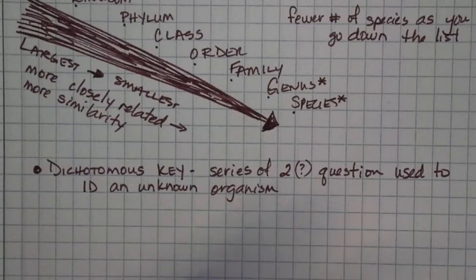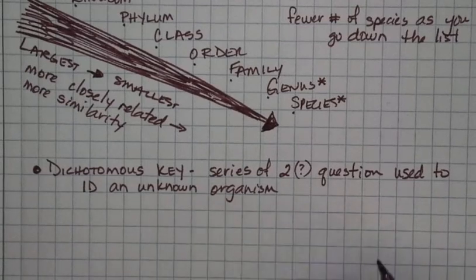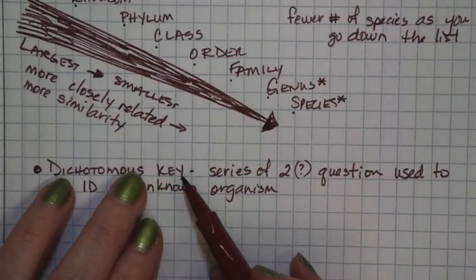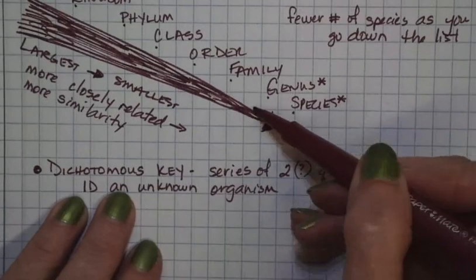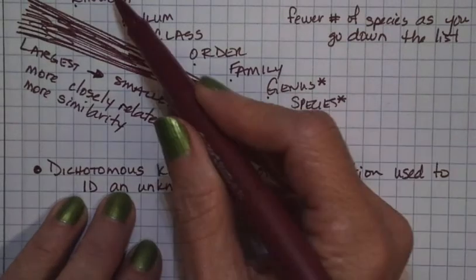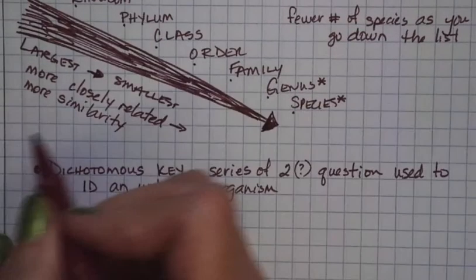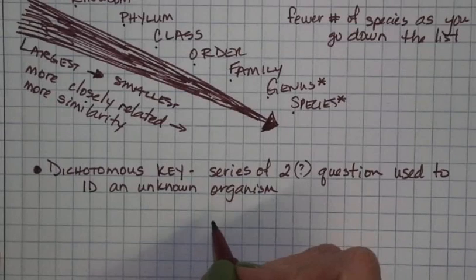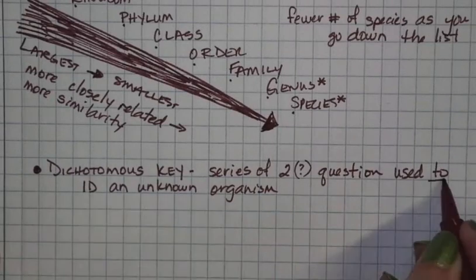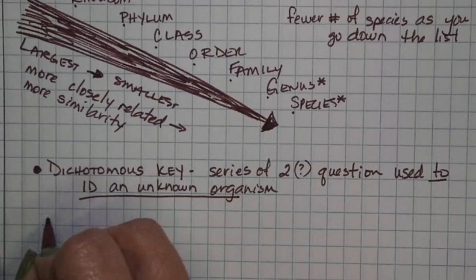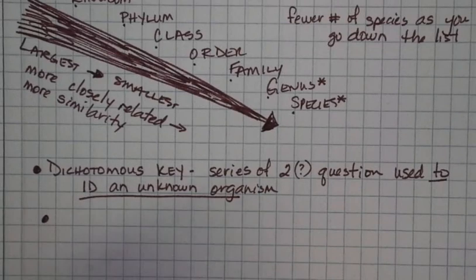So when we do this, we want to show the relationships between these. It's not just about identifying what an organism is, it's also showing how they're related in this classification system. We use a dichotomous key to identify an unknown organism, and then we use a phylogenetic tree to show how they're related.